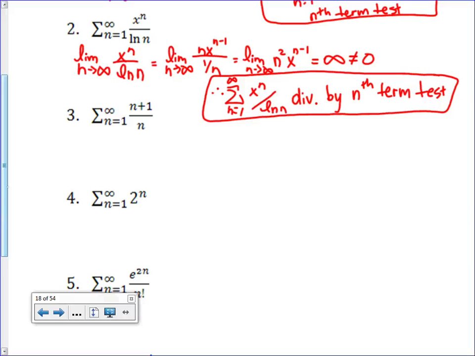Next one. You could write out terms, not geometric series. We know this one. What's the limit? 1. But the limit exists, not 0. So therefore, what's it doing?